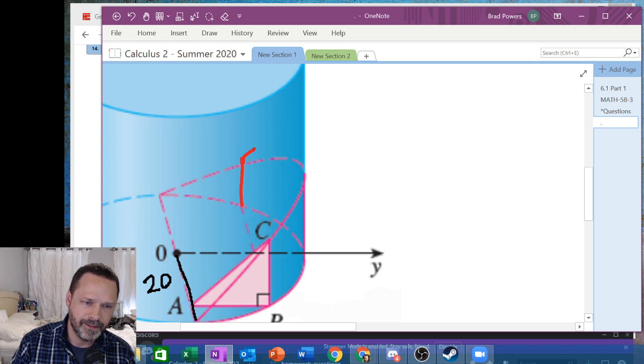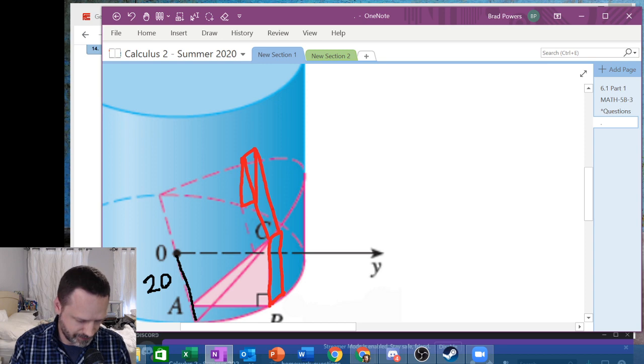And then we'll go right up here and go like that. And so here are our rectangular cross sections. There's one right there. Hopefully that's a little bit more clear.